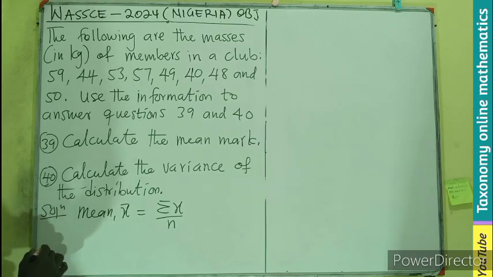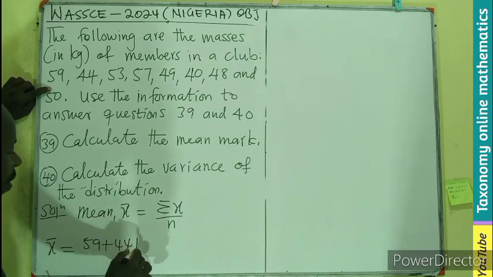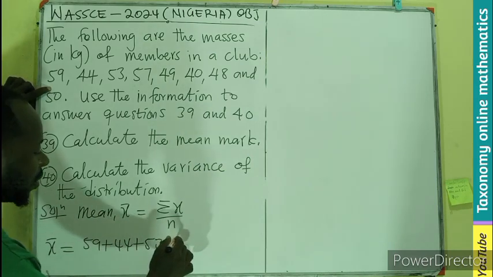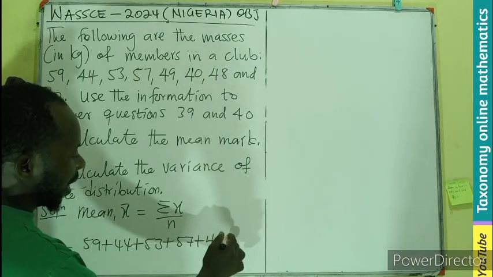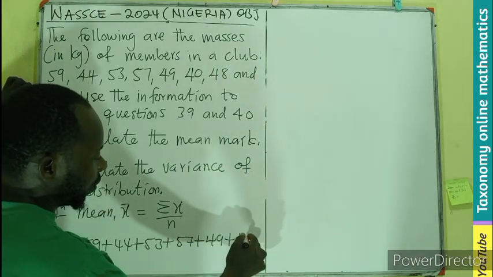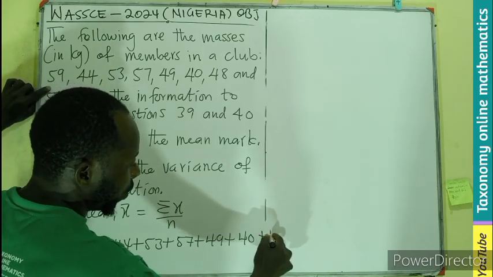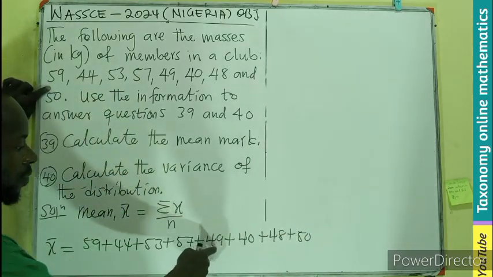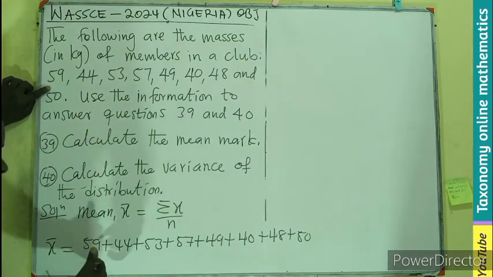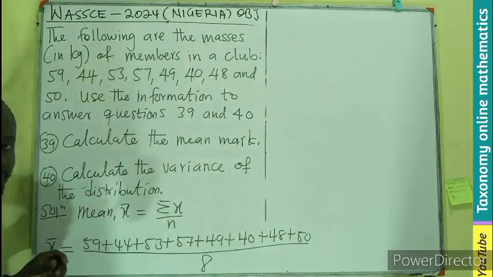So in this case, our mean will be the addition of 59 plus 44, 53, 57, 49, 40, 48 plus 50. 1, 2, 3, 4, 5, 6, 7, 8. There are 8 of them, so we divide by 8.